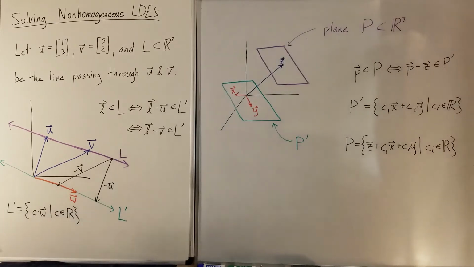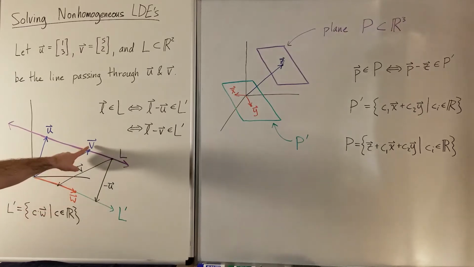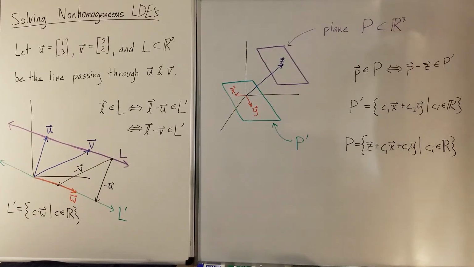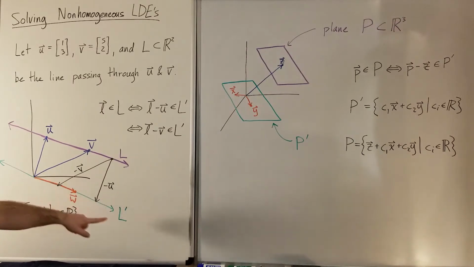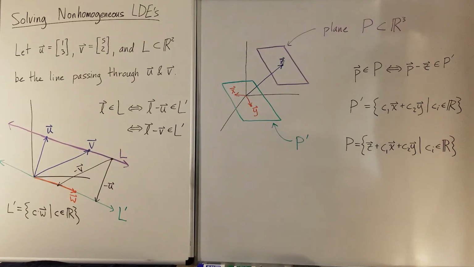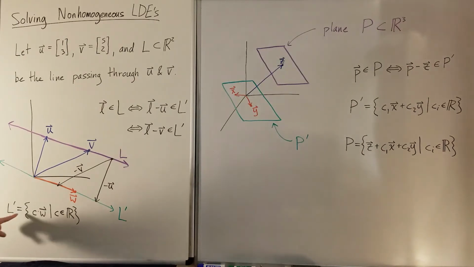So L prime is just this set of scaled versions of w. Okay? So w you can get from doing v minus u in this case. That won't be relevant for what we're doing, but we do need to know some way to span the line L prime.